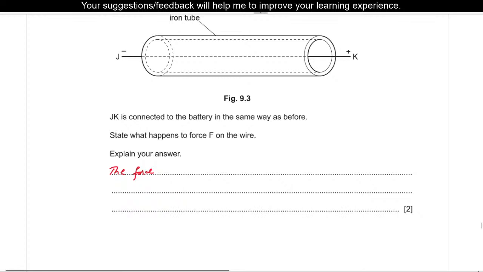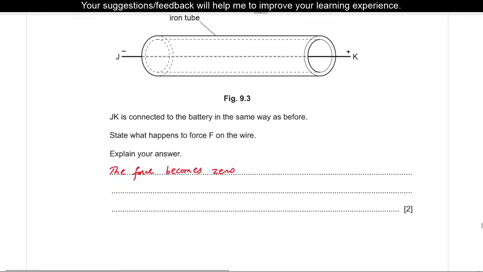The force becomes zero. Why does it become zero? Because it is magnetically screened. Because of the iron tube that we have introduced here, it has magnetically screened the wire.